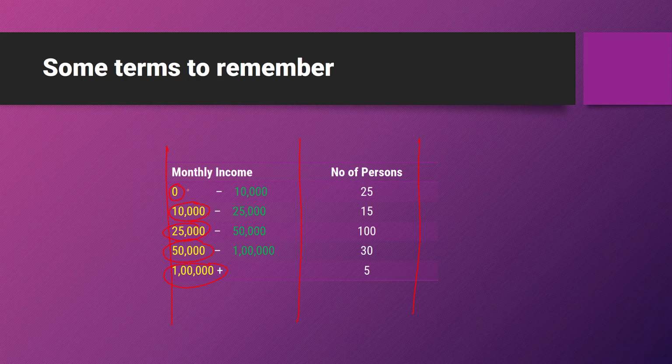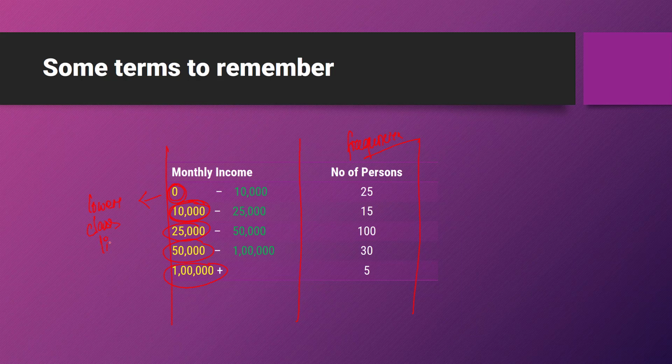One has the range of monthly income, one has the number of persons. So this number of persons, or how many people fall in this group, these are called frequencies.